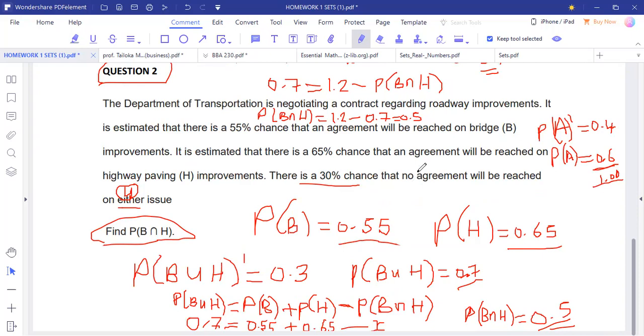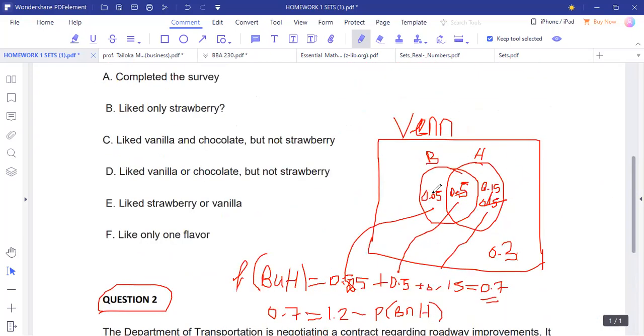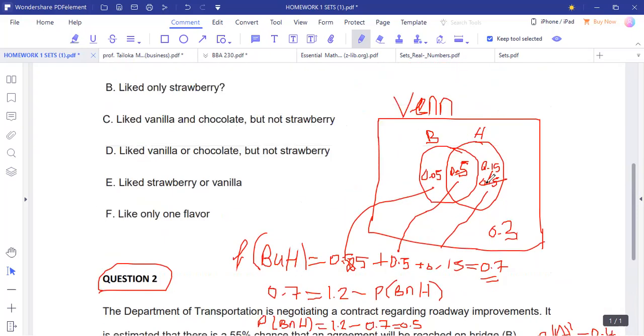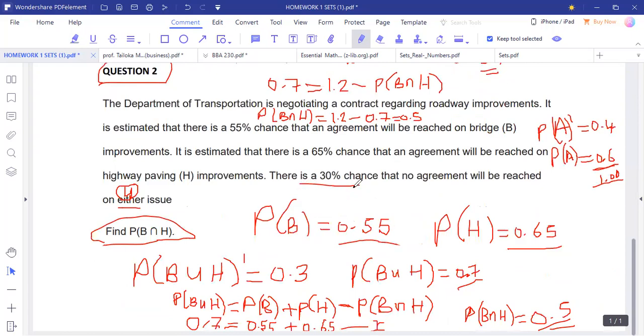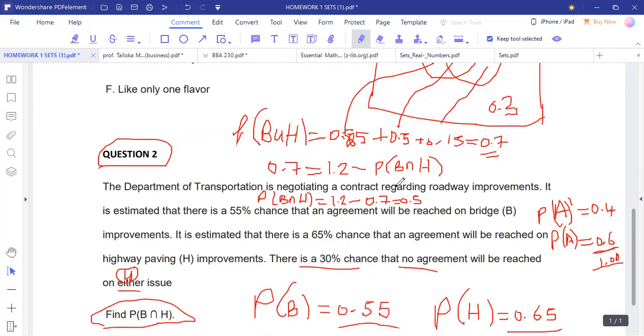So this is how the breakdown has come about. You've seen the Venn diagram: the 0.05, the 0.5 was the intersection set, then the 0.15 is there. The collection of all these gives the 0.7. So what is not found in B and H? You can see from this question: there is a 30% chance that no agreement will be reached on either issue, meaning on the Department of Transportation or on the bridge improvement.